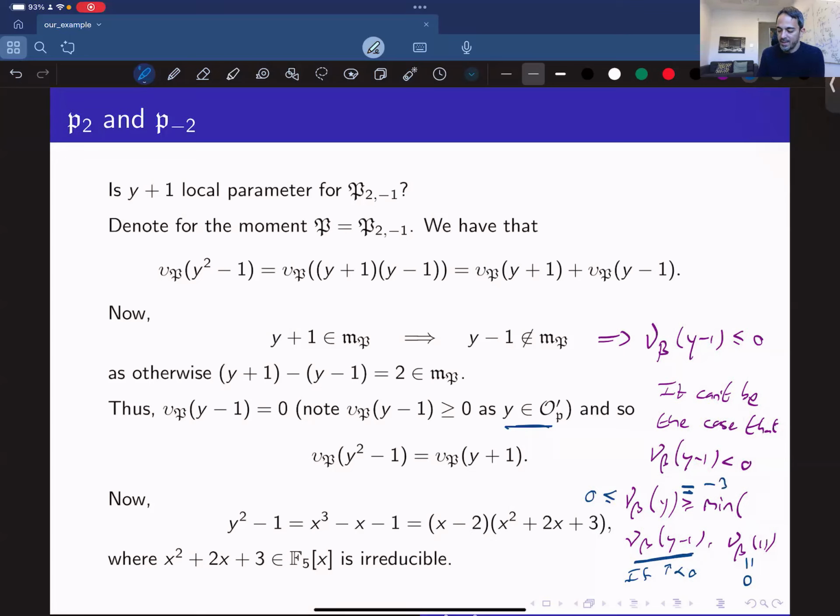And that's impossible, because you can't have this both non-negative and negative at the same time. I wrote it here, but I think this explanation is better. So that's why I'm saying that y minus 1 actually has valuation 0. So let me erase that for us.